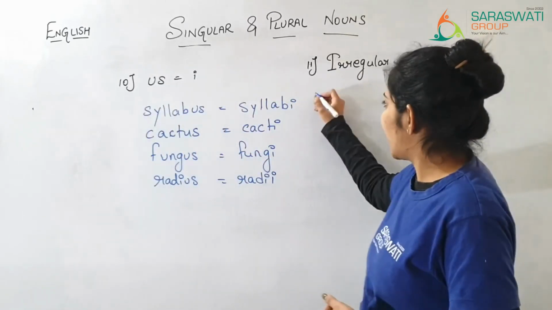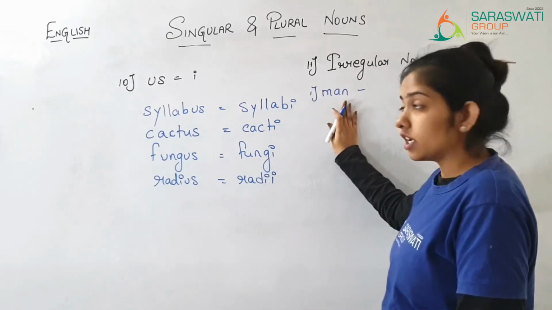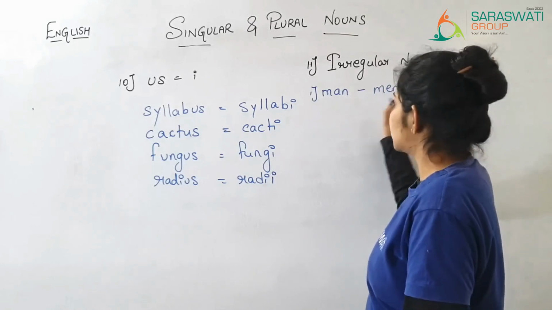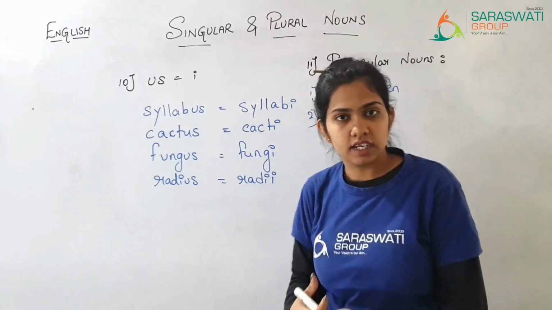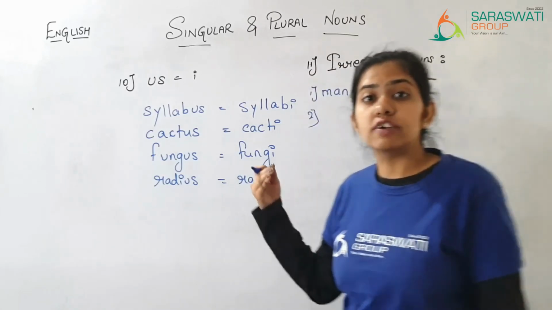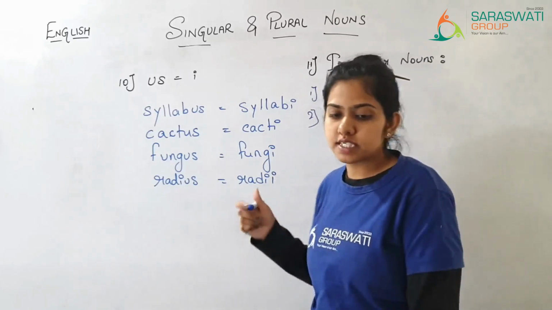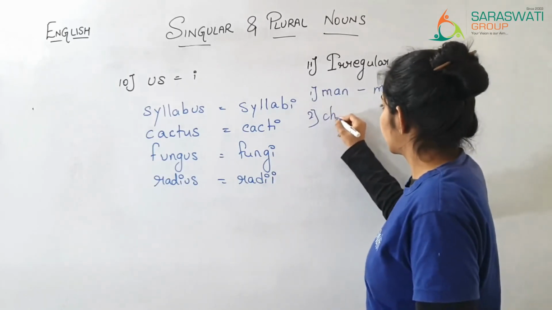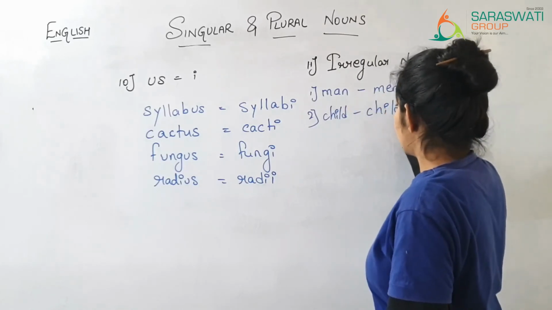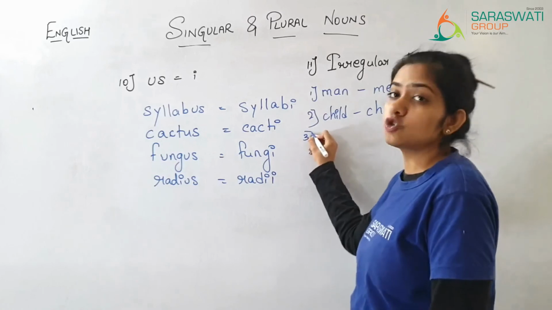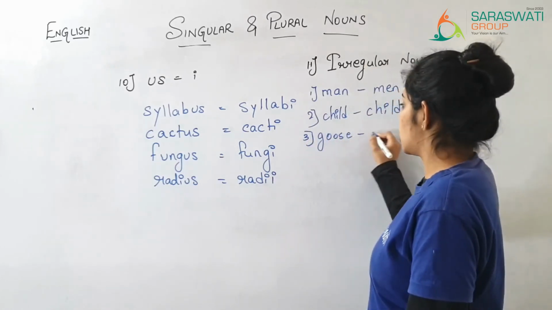If I write man, M-A-N, man, that is singular, and M-E-N, men, that is plural. It goes the same with woman. Woman is singular, women is plural. Now comes child. Here we do not add S or ES, we are just changing the word to children. Then goose changes to geese.